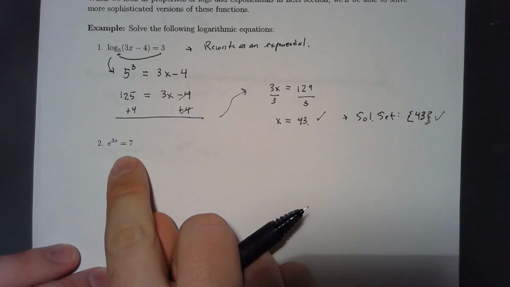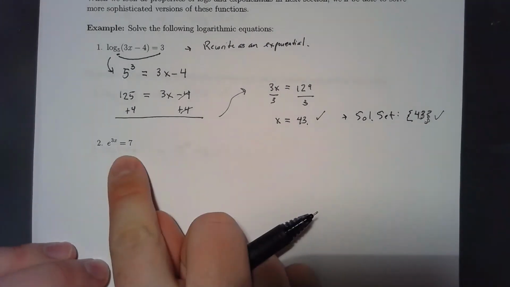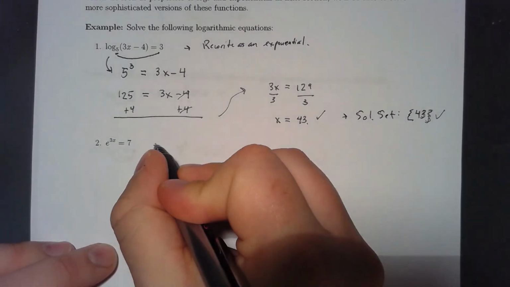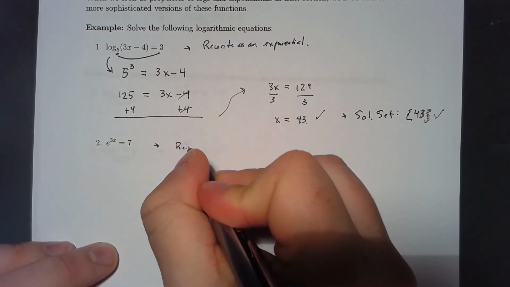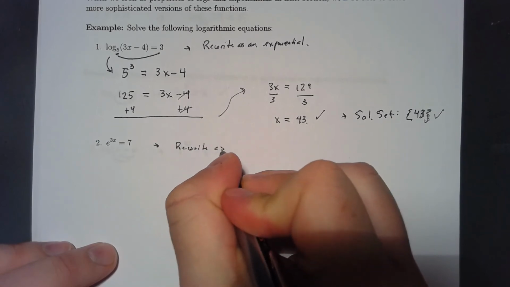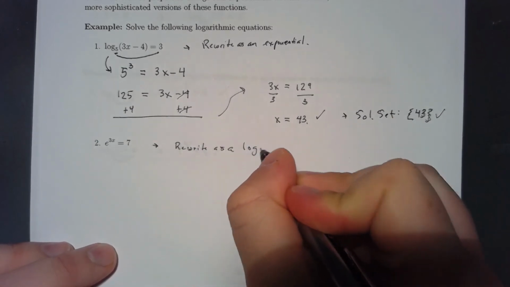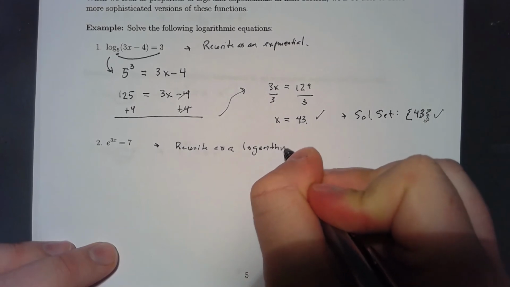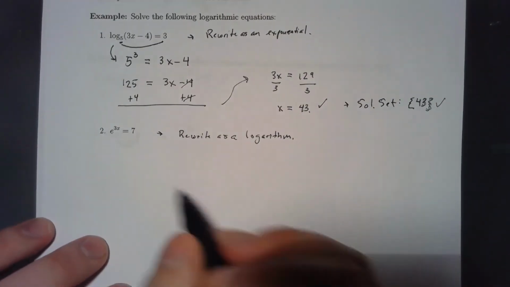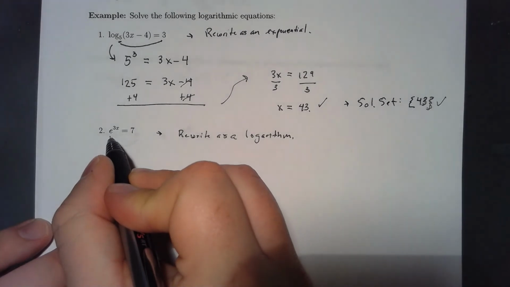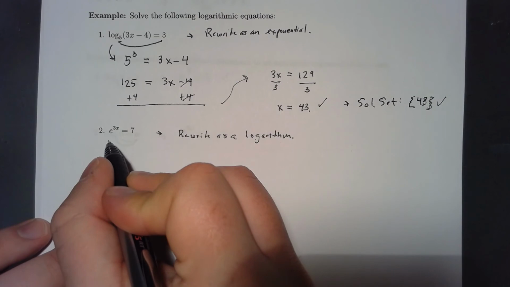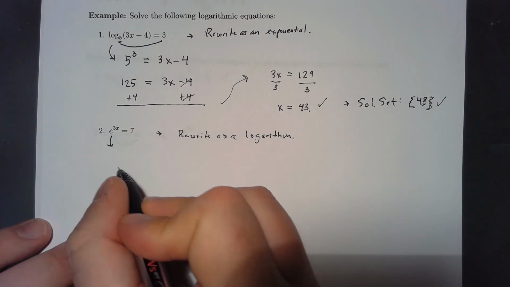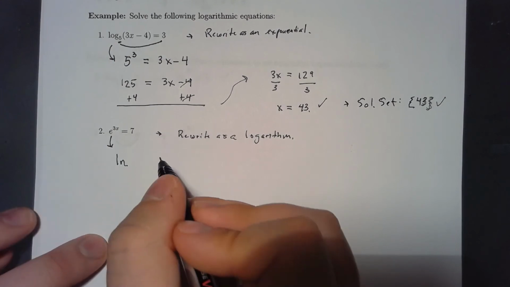Now in this one, this is an exponential, so I'm going to rewrite this as a logarithm. So my base here is e, right? That means I have a natural logarithm, ln.